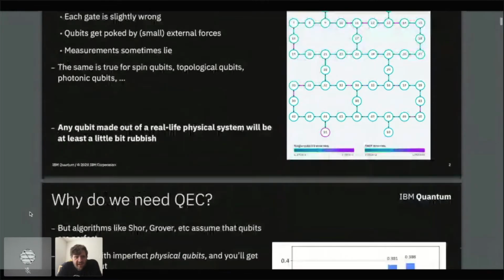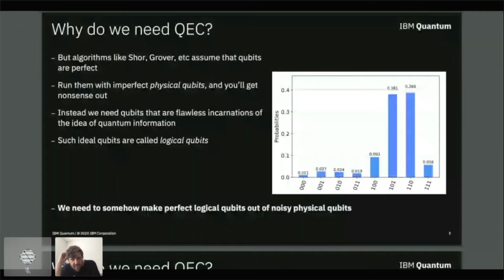So if we think about the algorithms that you've looked at so far, what I would call textbook algorithms, like Shor's algorithm and Grover's algorithm, for factoring and search respectively, these assume that qubits are perfect. When people are studying quantum computing at this sort of computer science level, where they're thinking, what can one do with qubits? How can one make algorithms out of them? It's always done with the idea that these qubits are absolutely perfect.